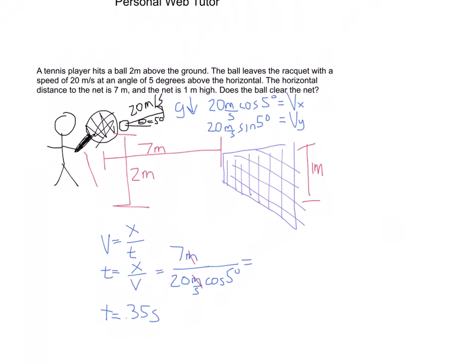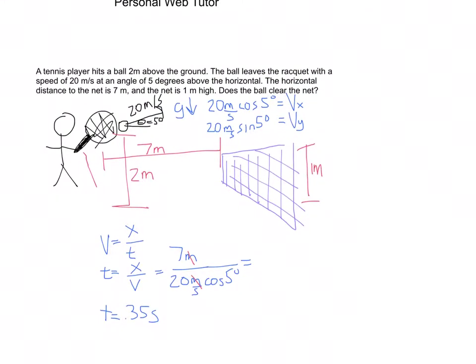So now what we want to do is take that 0.35 seconds and find the velocity in the y direction, this initial velocity. Of course, we have gravity, we have this time, and we want to find out the y difference.